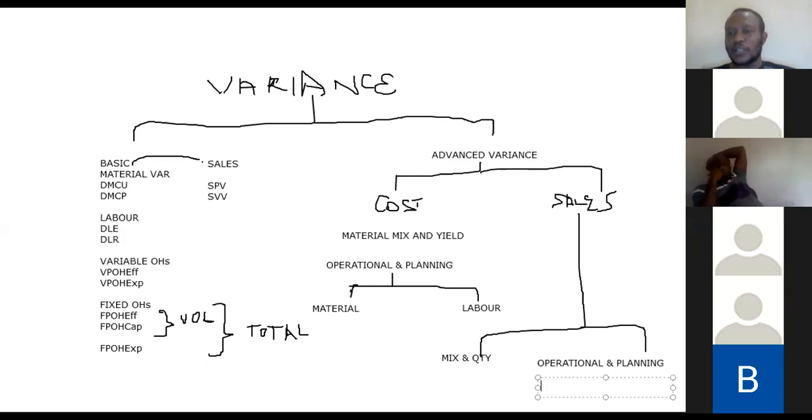That's how it usually starts. Or has one input material. It can have more than one. If it has more than one input material, it can still be basic, but it will be the basic of the basic. We're looking at them independently. However, if we are dealing with advanced variances, then we're looking at them collectively, not individually.